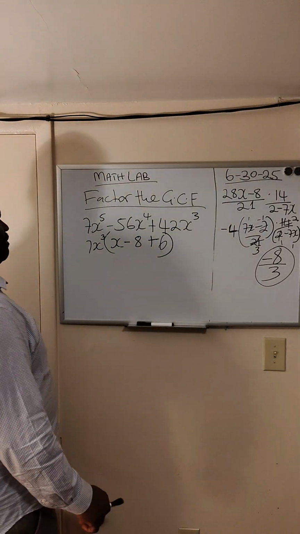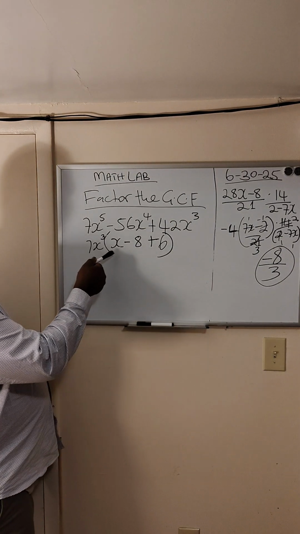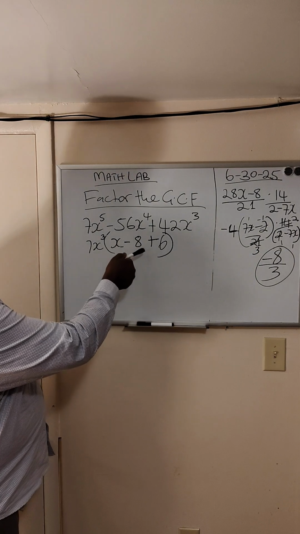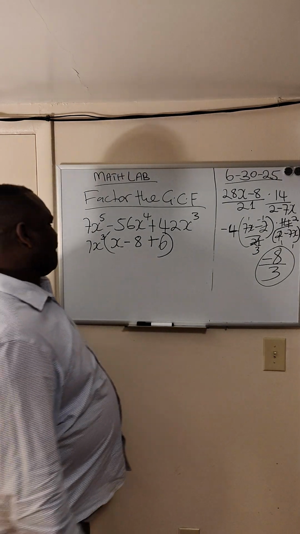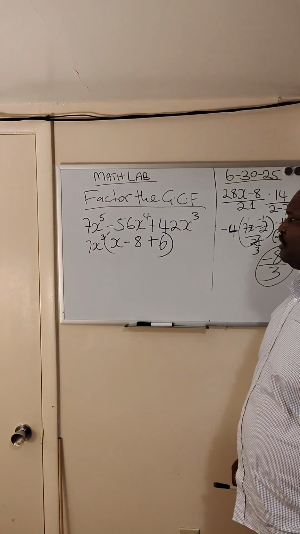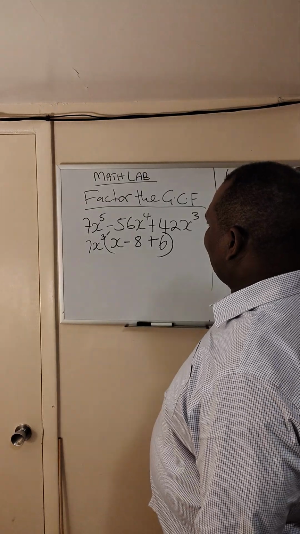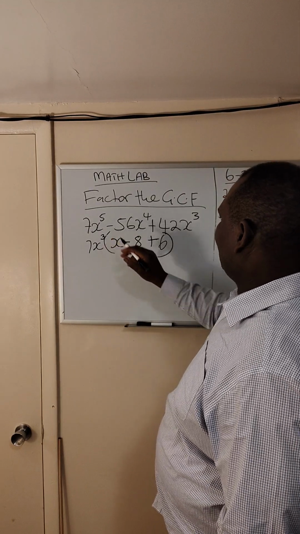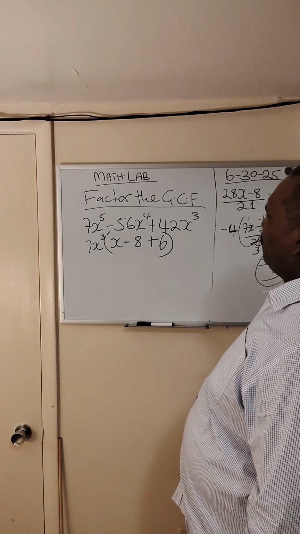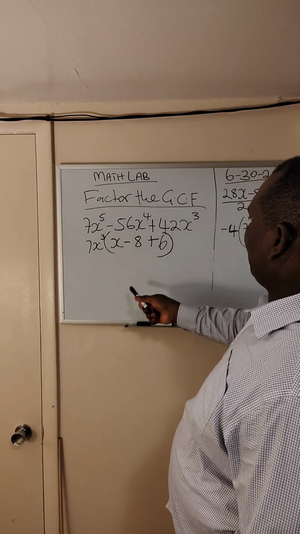So now we have 7x to the power of 3, and in the bracket we have x minus 8 plus 6. So the greatest common factor that can multiply all these terms is 7x to the power of 3, and we're using that 3 because of this 3 right here.